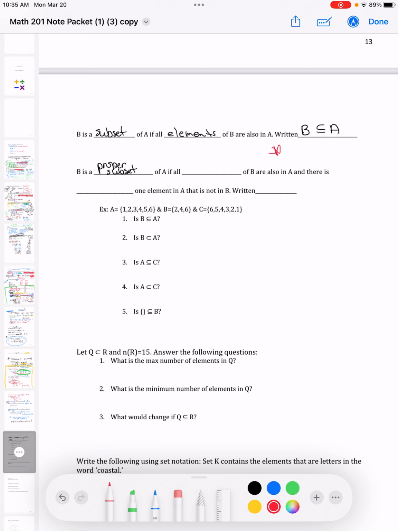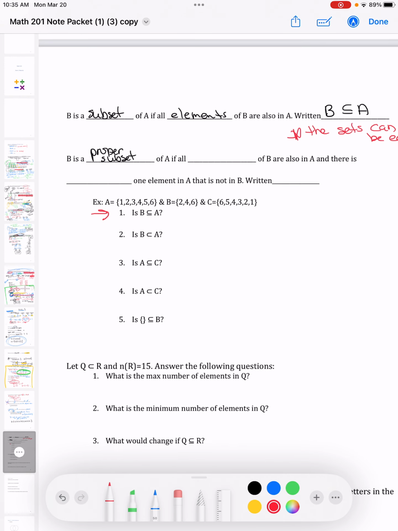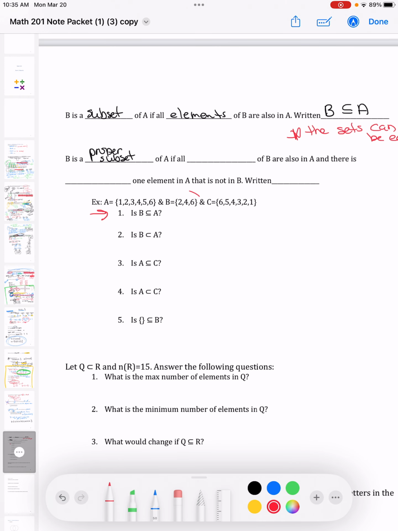That means that it can be equal, because it has that equal sign on there. So if I come down here and look at number 1, we want to know if B is a subset of A. So I'm going to check these elements of B and see if they're in A. 2, 4, 6. Yep, they're all in A. So that is true.